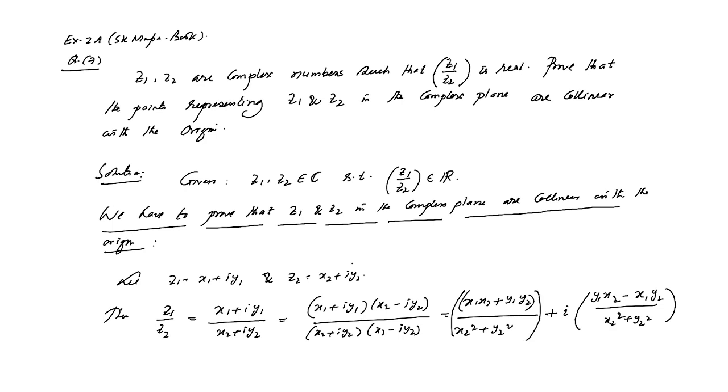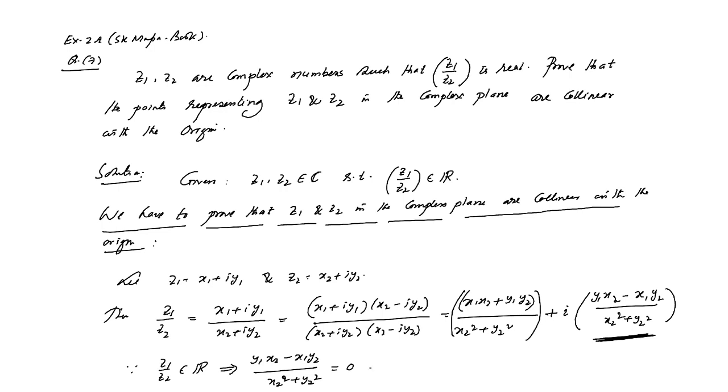Now if you see the given condition, this ratio is a real number. So that means the imaginary part will be 0. Since Z1 by Z2 is a real number, it implies the imaginary part (y1 x2 minus x1 y2) by (x2 square plus y2 square) will be 0.